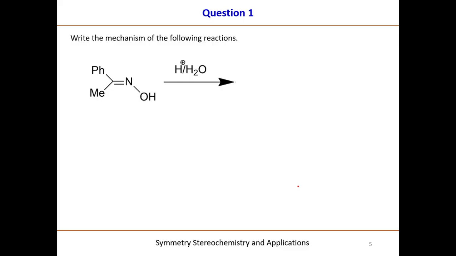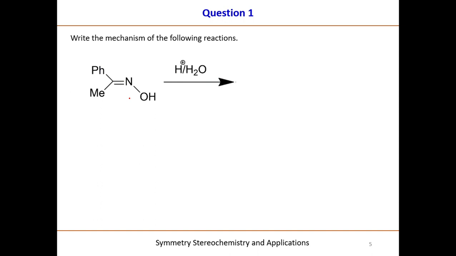Which type of rearrangement reaction is this? This is the Beckmann rearrangement reaction. So what happens in the Beckmann rearrangement reaction? An oxime, here you can see this is an oxime, is converted to an amide.